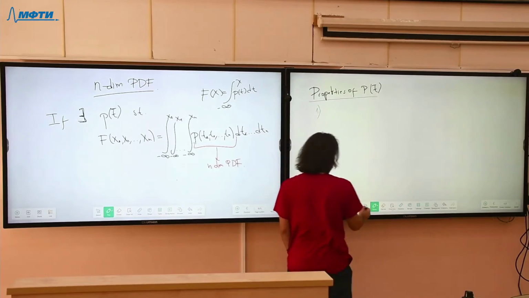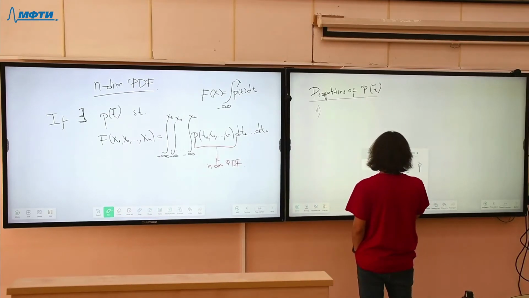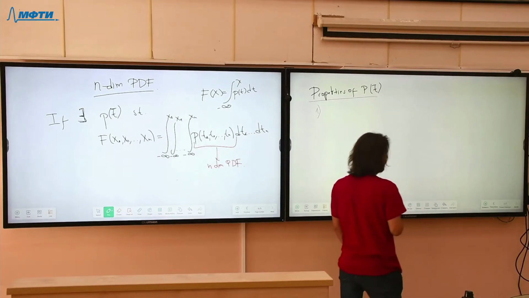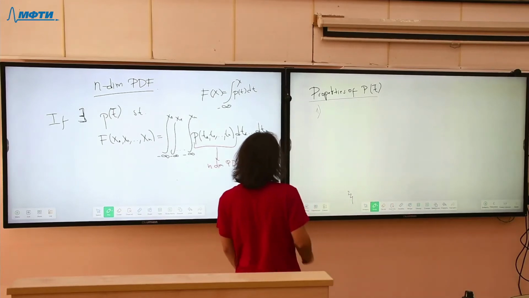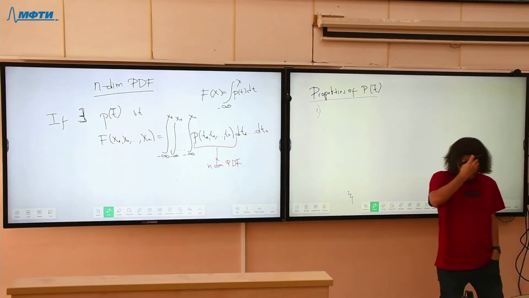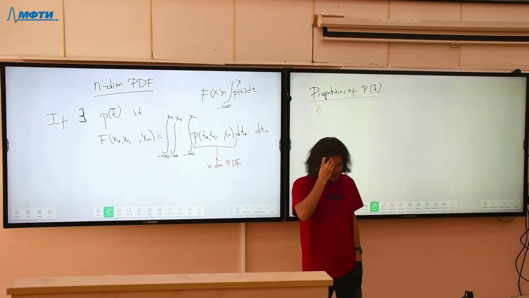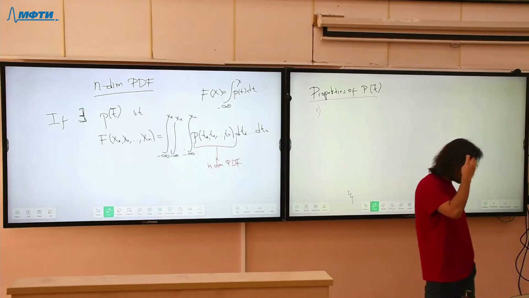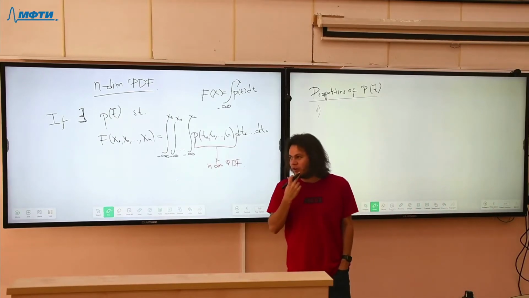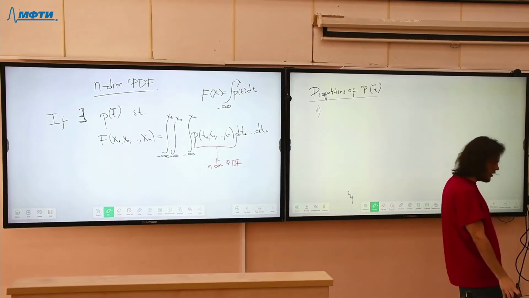First property: what was the first property for the PDF? That for every Borel set, the probability that the random variable belongs to this Borel set is just the integral of the PDF over this Borel set.